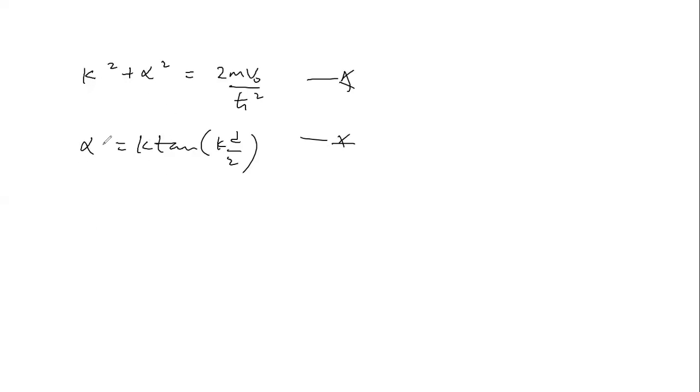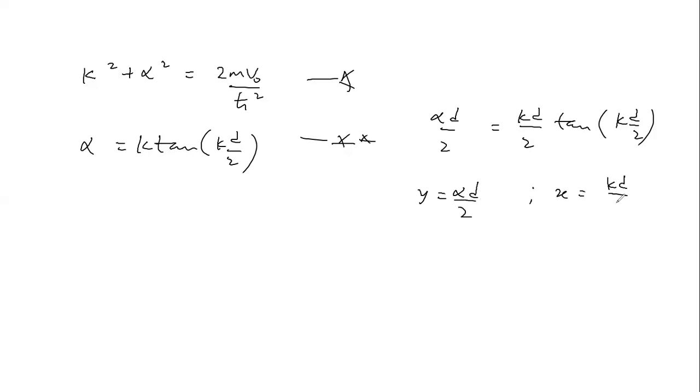Say we multiply this equation by d and divide through by 2. We are going to have αd/2 is the same as (kd/2) tan(kd/2), okay? If y is the same as αd/2 and x is the same as kd/2, this gives us y is equal to x tan x, okay?